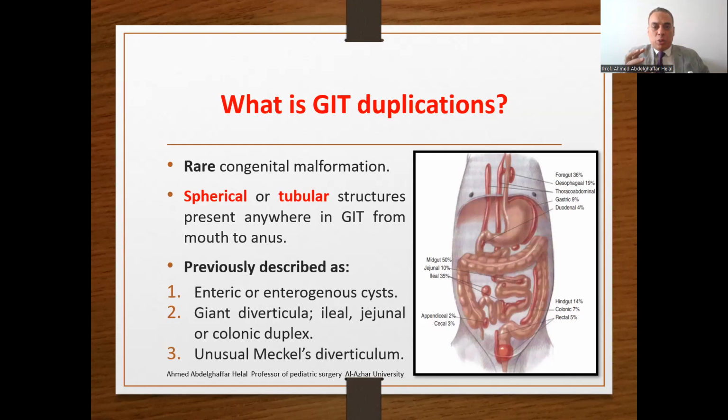So we may have a duplicated part in the gastrointestinal tract, a double part like a small pouch, which may be spherical or tubular, and may be related to the esophagus, the stomach, or the small or large bowel. The disease was previously described as enteric cyst or giant diverticula, or sometimes unusual Meckel diverticula. So these are the previous names for the disorder.